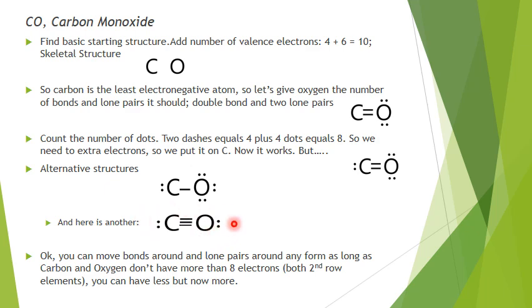Well, there's no reason why you can't. All you have to do is make sure that carbon and oxygen don't have any more than 8 electrons in their outer shell. So instead of taking this one on the outside, what we're going to do is move one of these here. It's a possible structure, so we're going to check it out, see if it works.